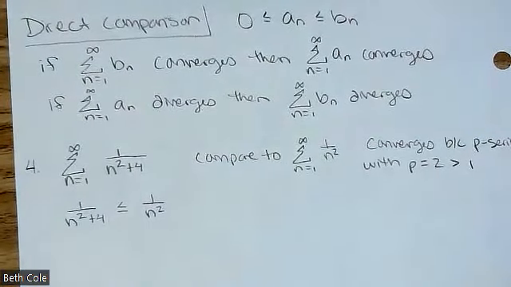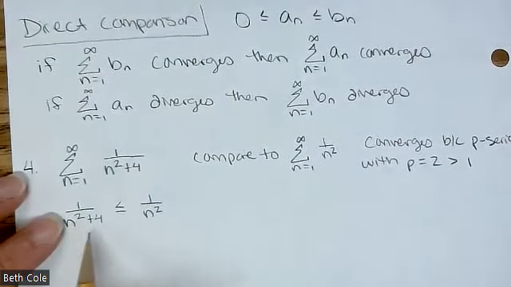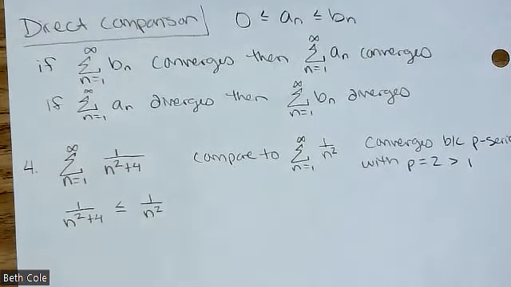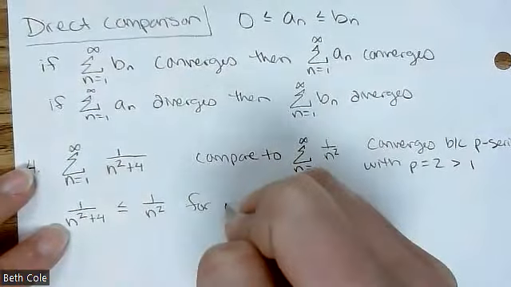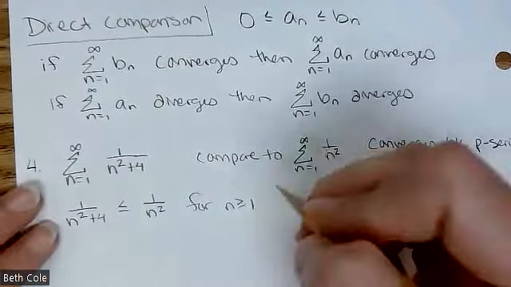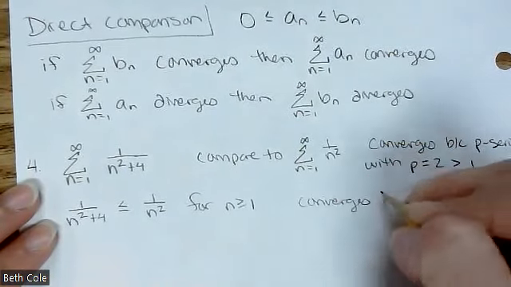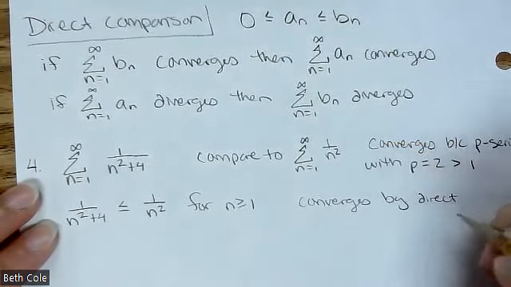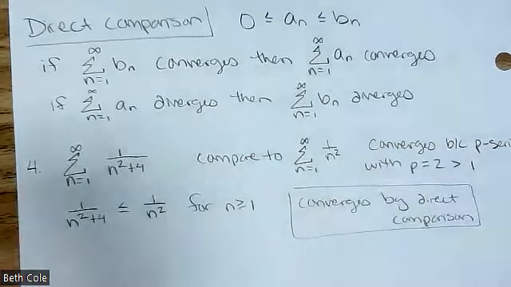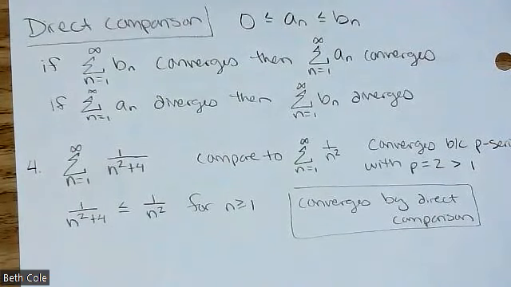Like, is that true? Yes, because the one with the bigger denominator is the smaller fraction. Okay, so that's what I usually do. I usually write it the way I want it to go, and then I check if that is true or not. So this is true for n's bigger than 1. And so then your grand conclusion is what? Yep, so we would say converges by direct comparison.